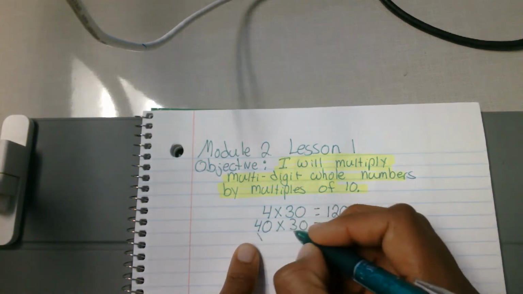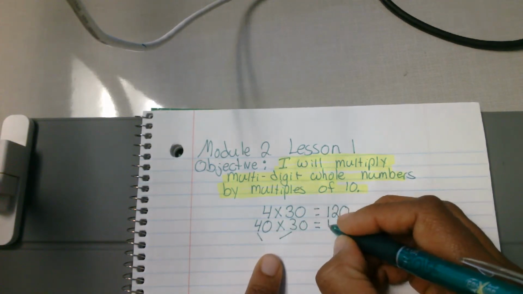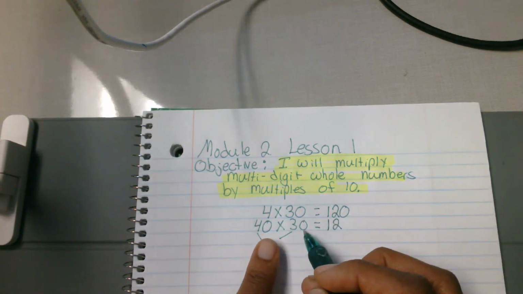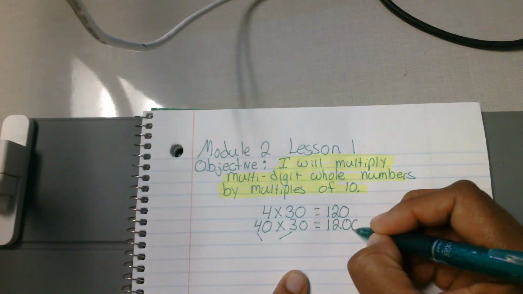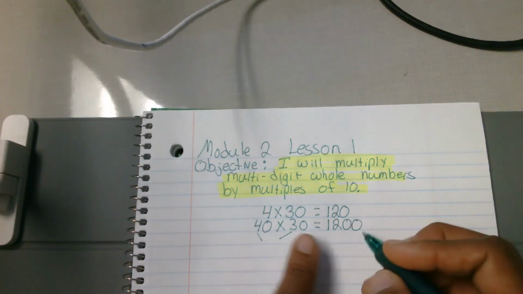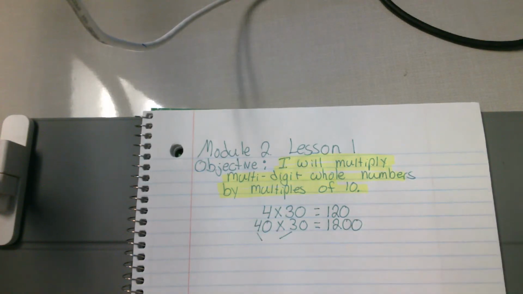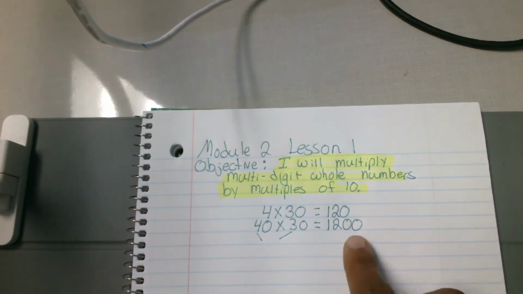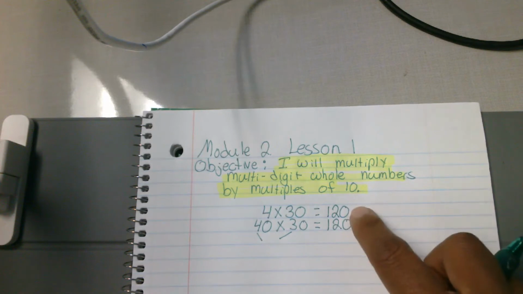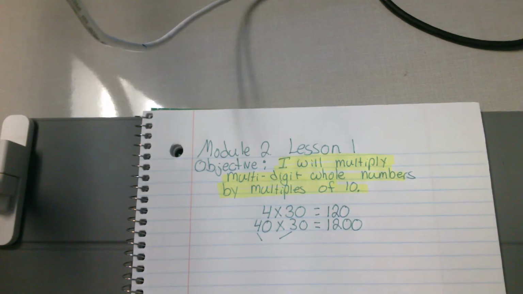I'm just going to think 4 times 3 is again 12. And now this time, because tens times tens is hundreds, that means I need to add 2 zeros over here. So if I have 2 zeros here, I need to have 2 zeros over here in my answer. And right, if we did 10 times 10 it would equal 100. The 2 zeros represent 100. The 1 0 represents a 10.